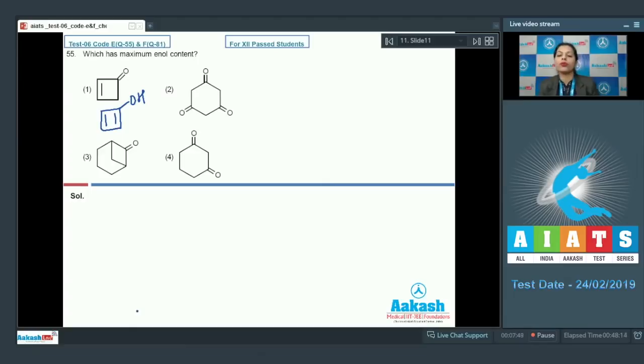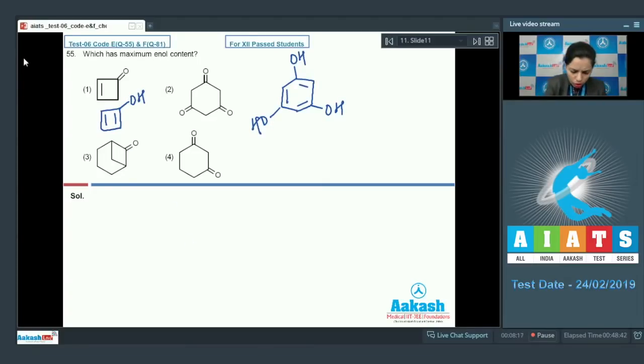this type of alcohol. Further, if I talk about the second compound, it will form its enolic form, and in this way you can clearly see alpha hydrogens are present at these sites, and these are involved in the tautomerism, and ultimately there is the formation of the compound in this way. This type of enolic form of this compound would be formed.